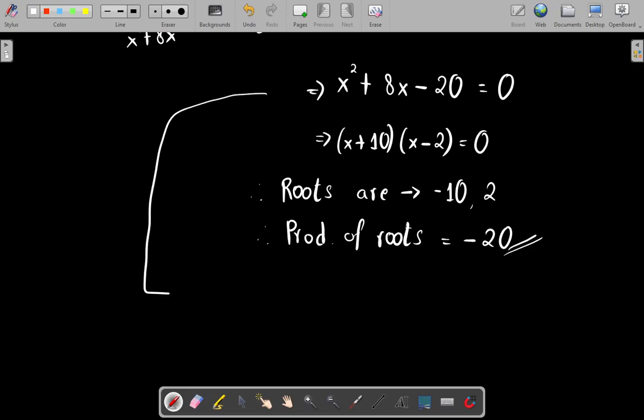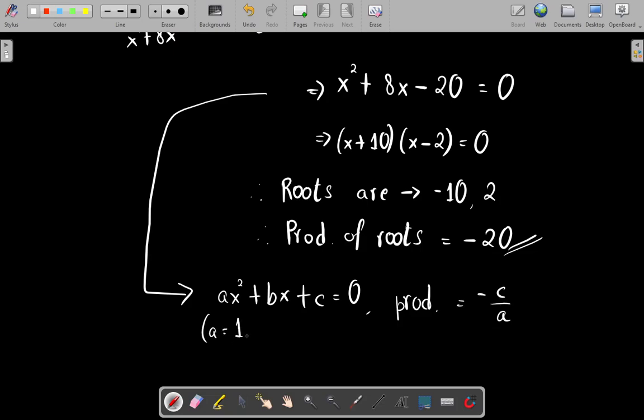Alternatively, directly without factorizing it, if we compare this with ax square plus bx plus c equal to 0, product of roots will be minus c upon a, right? And in our case, a is 1, b is 8, and c is minus 20, right?